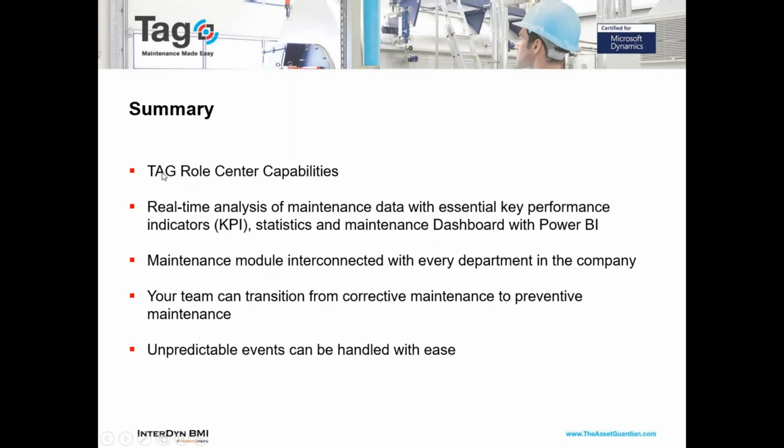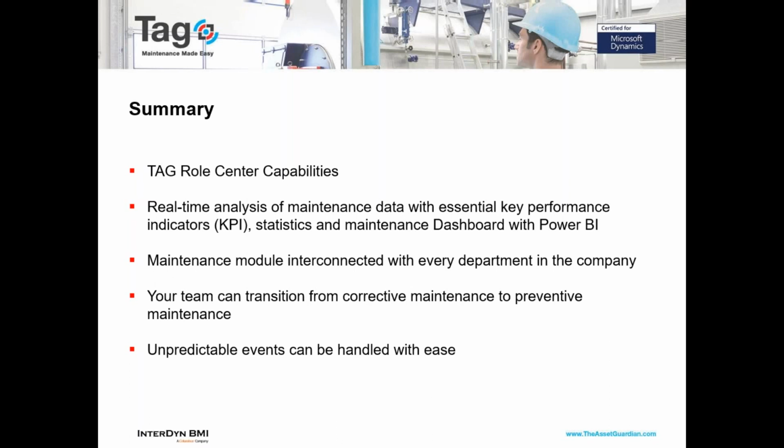In terms of what did we see today? We saw a little bit about the tag role center capabilities. We saw the different methodology that you can access back to the Asset Guardian. If you want to come in from the Nav Windows client, you can. You can work through the Nav Web client, or you can also work through a mobile client called Tag Web, which allows you to have requesters or technicians working directly within the system.